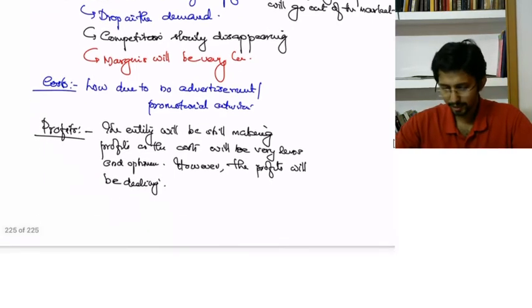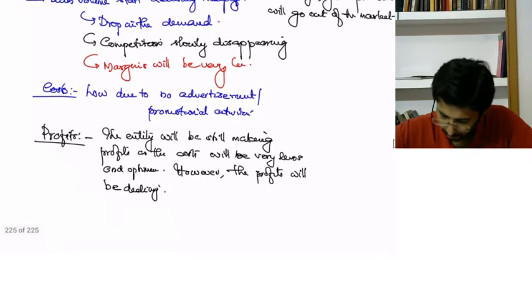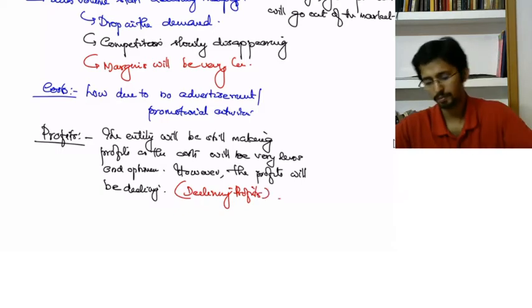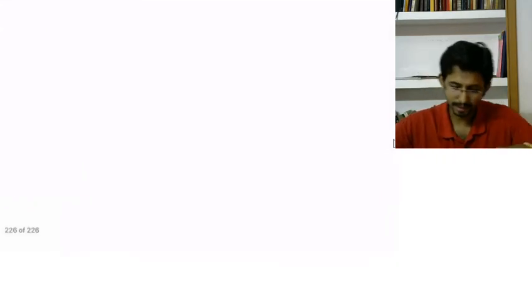Okay, so here the profits will be there, but the profits will be declining profits. Okay, so what should be the strategy?